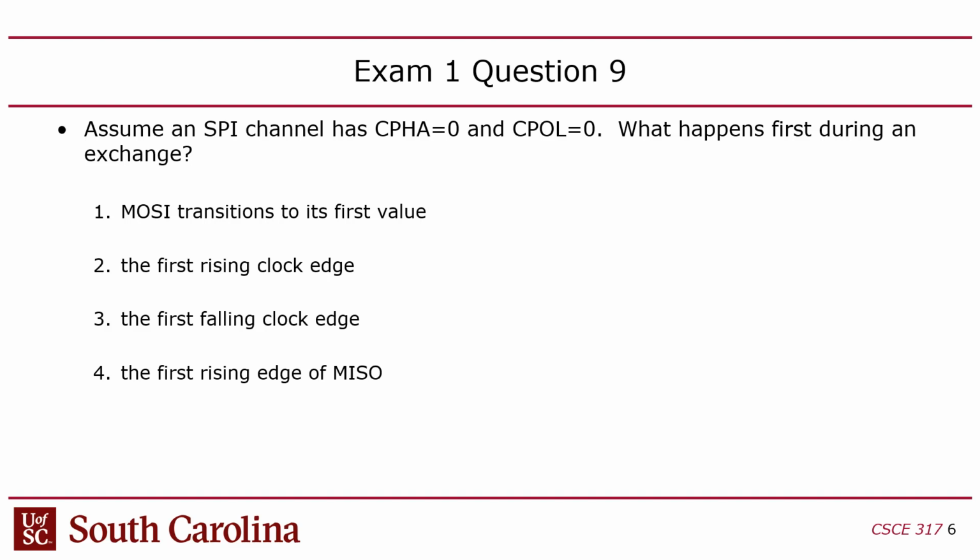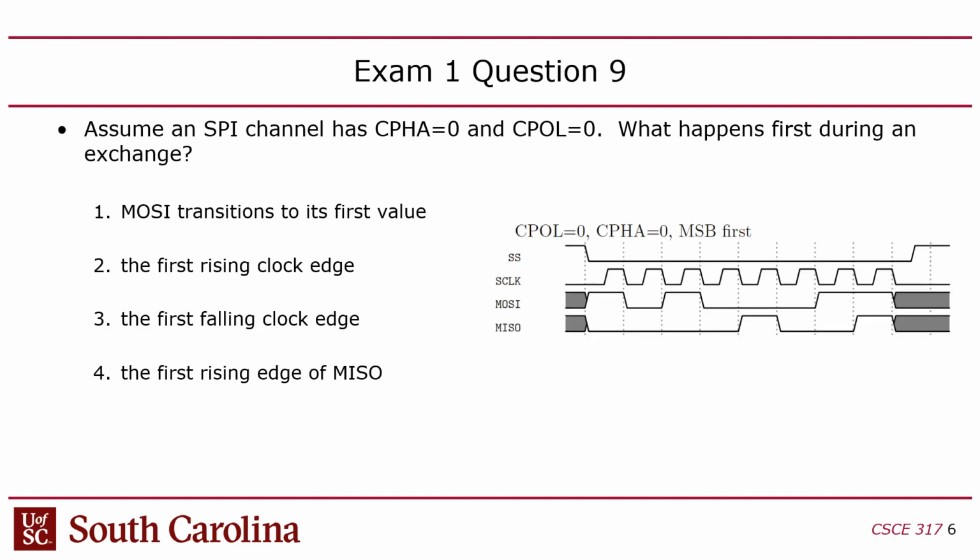In this case, an easy approach would be to look at those timing diagrams that I had on the slides. And if CPOL is 0, actually, I think CPOL being 0 is redundant here.